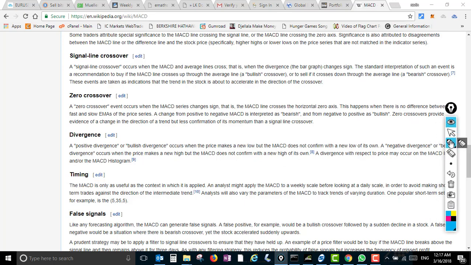What I want to tell you is that I'm not using all 5 parts of this MACD. What I'm using is zero crossover, a very important strategy, and the divergence. These are the things I'm looking at.